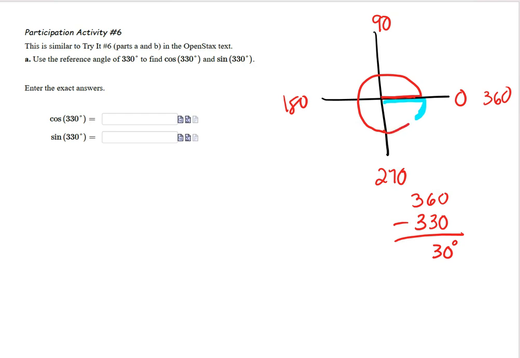So this goes to here. That's the rotation from here to here. This right here would be 330 degrees, but this measurement here would be a 30-degree angle.